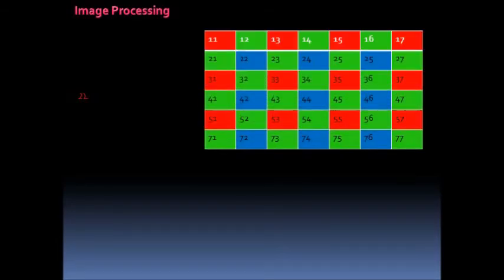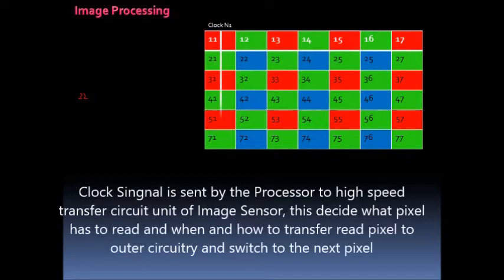When we have the image captured on a sensor and each pixel has some corresponding voltage level at the output, it starts reading the first column of pixels one by one. First it will read 1, then 2, then 3 and 4, then 5, and so on, reading one pixel after the other.